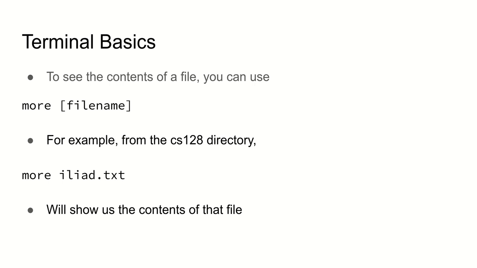One of them is more. And so that will load you a screen's worth of the file at a time. And then you can use things like up and down arrows, and the space bar, and page up, page down, and things like that to navigate through the file and look at the contents a little bit at a time, rather than it just all flooding right past you and having to scroll around through it.